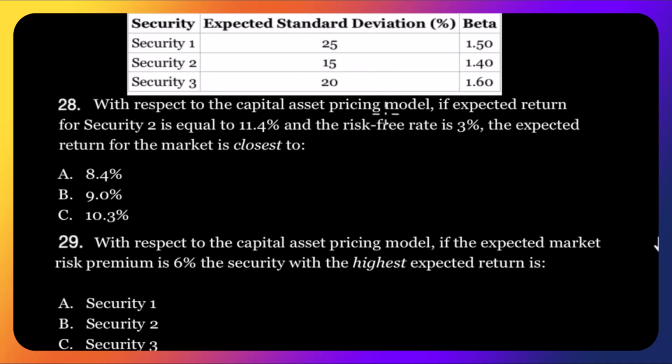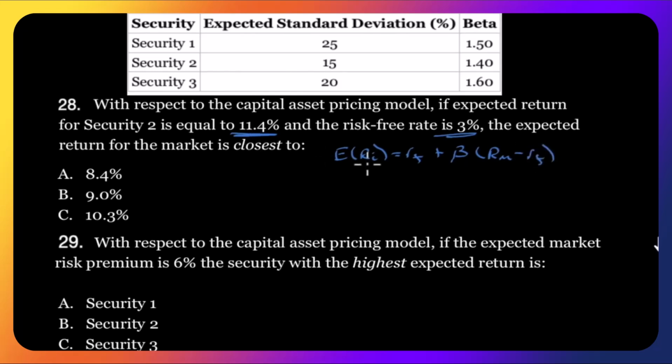With respect to the capital asset pricing model, if expected return for security 2 is equal to 11.4%, so here we're given the expected return, the risk-free rate is 3%, the expected return for the market is closest to. So expected return for any security is equal to the risk-free rate plus its beta times the return on the market minus the risk-free rate.